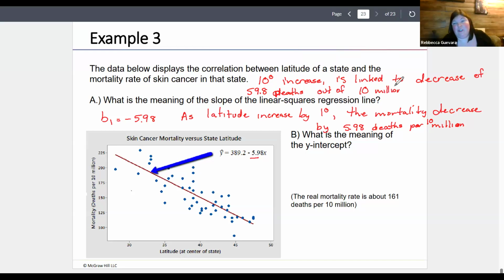And I'll be honest, I'm not sure if they mean these are deaths out of 10 million in the population or 10 million people who have skin cancer, but I think it's out of the population.